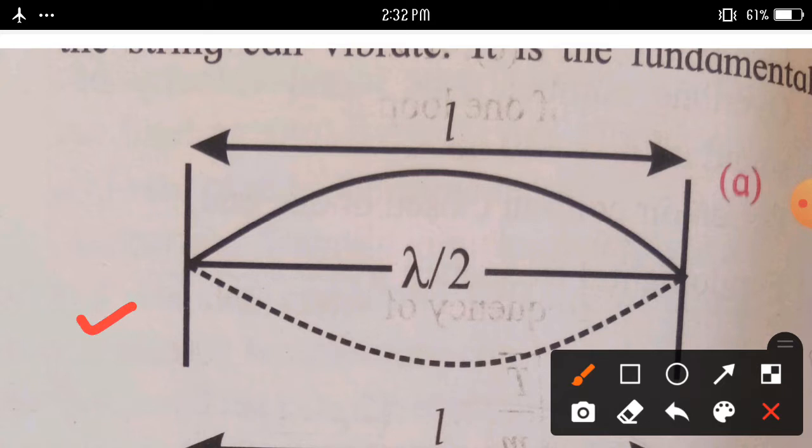Consider a string of length small l stretched between two rigid supports. The linear density, the mass per unit length of the string, is small m, and tension, capital T, acts on the string due to stretching.